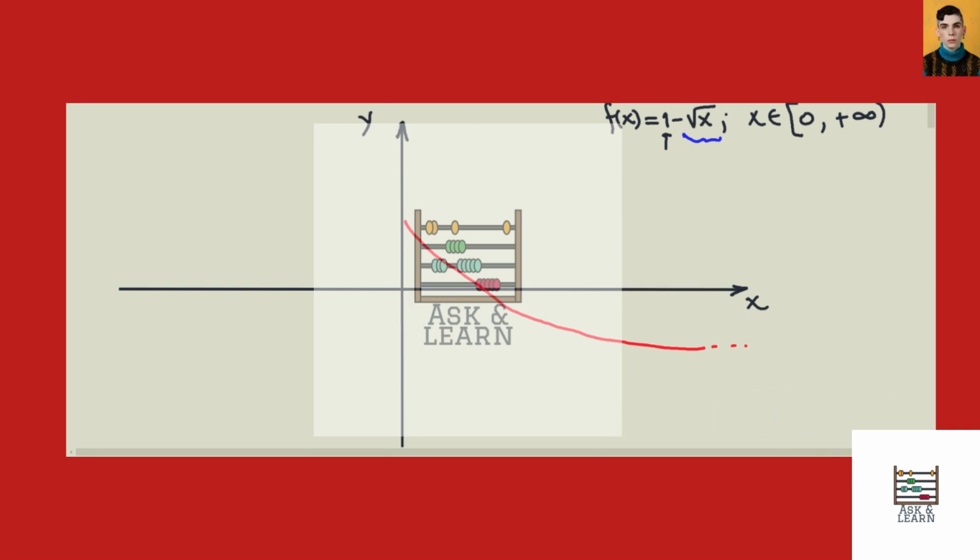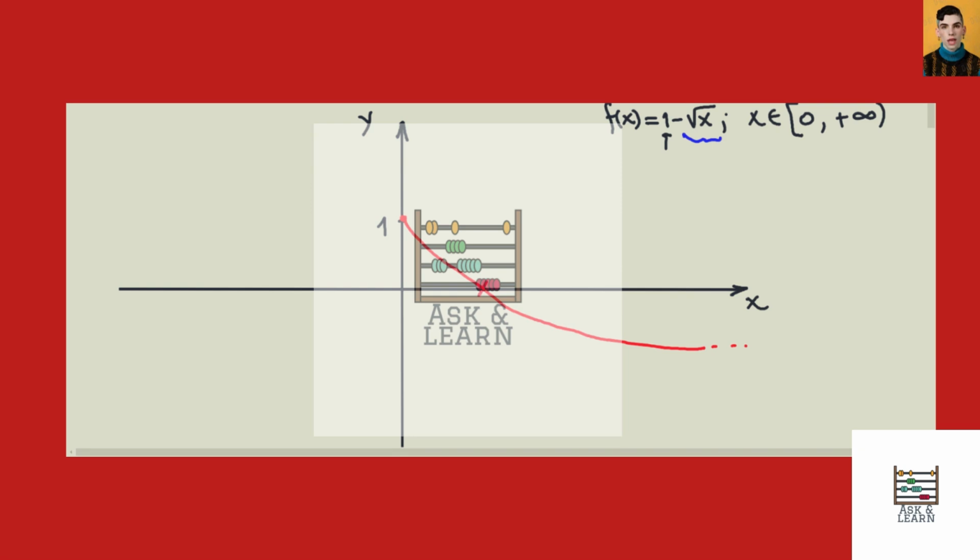Now we have some values we recognize here. When we place 0 in the function, we get 1, so the point is included in the graph because for x equals 0 the function is well defined.